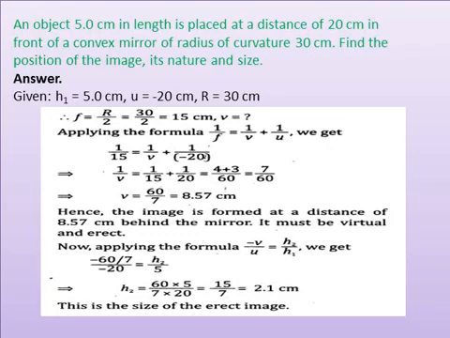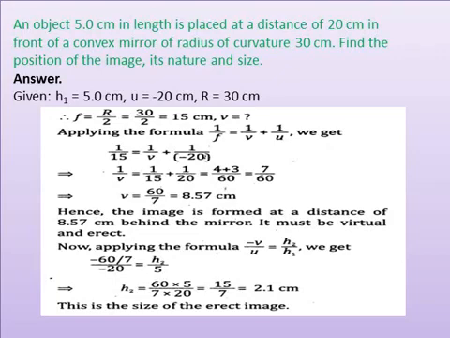And what is the next number that you get? 20 centimeter. What is this 20 centimeter? Read the question: an object 5 centimeter in length is placed at a distance of. So it refers to object distance. What is the letter for object distance? U. U is equal to 20 centimeter. That is the information given in the problem.